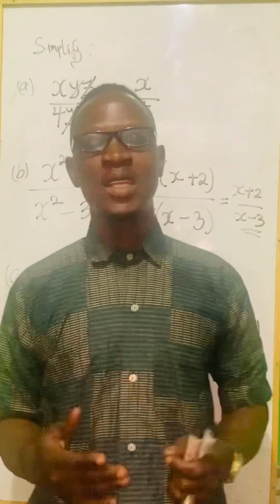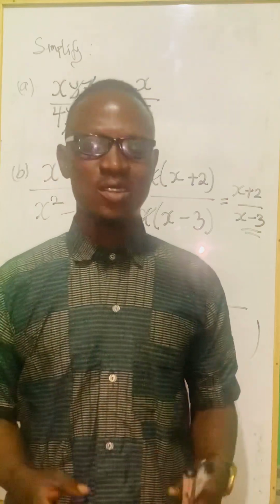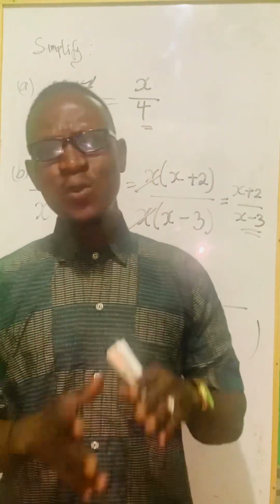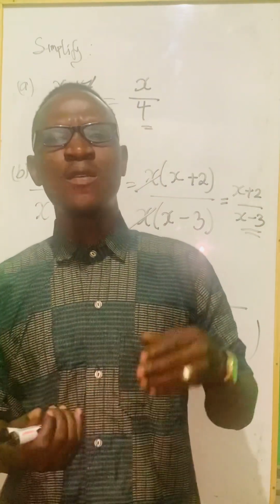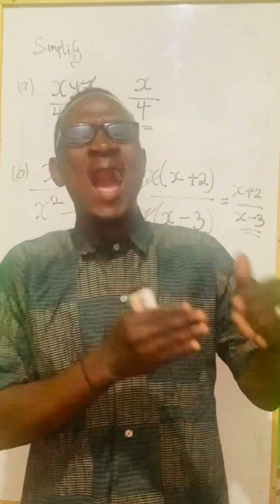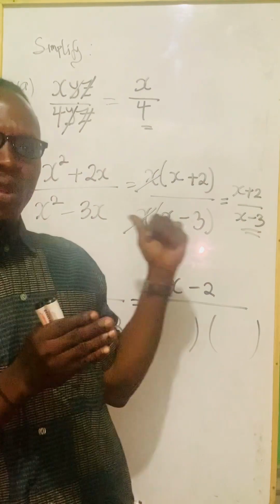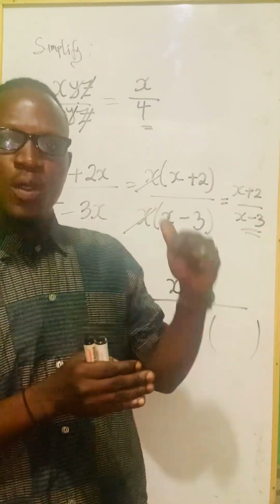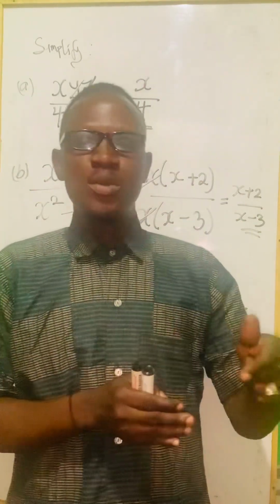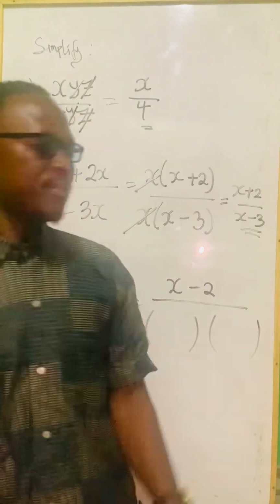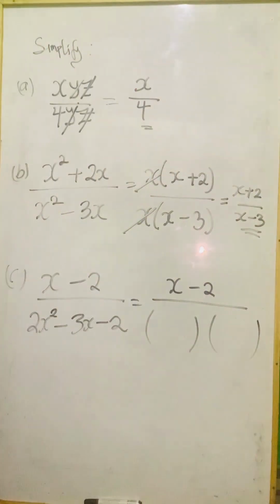Then you find factors of that product and pick two factors that, when you add them, give you the coefficient of x, and when you multiply them, give you the value of c.